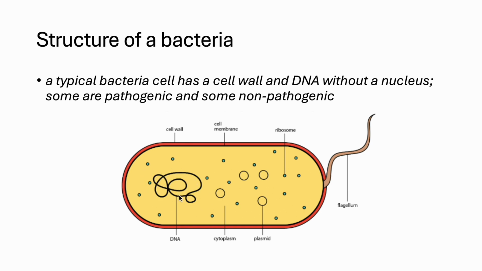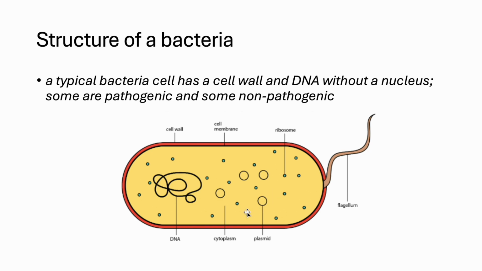It's circular in shape and freely floating in the cytoplasm. Some are pathogenic and cause diseases, and some do not. In fact, a lot of them are beneficial, especially those in your alimentary canal, your digestive system. That's why there are things called probiotics, even prebiotics, to help them do well. If they are performing well, you perform well too.